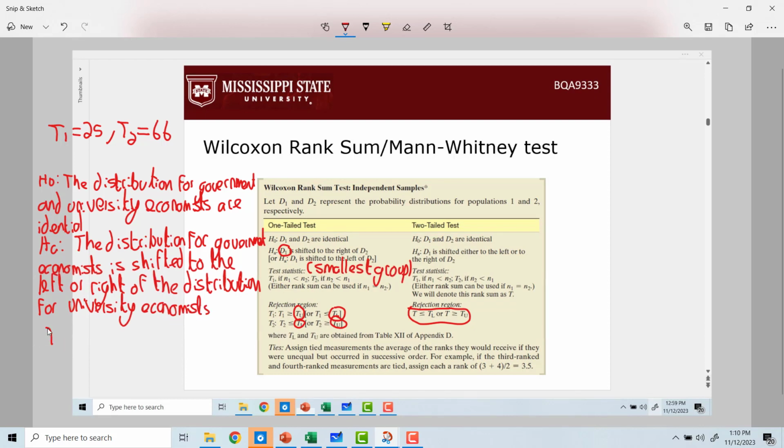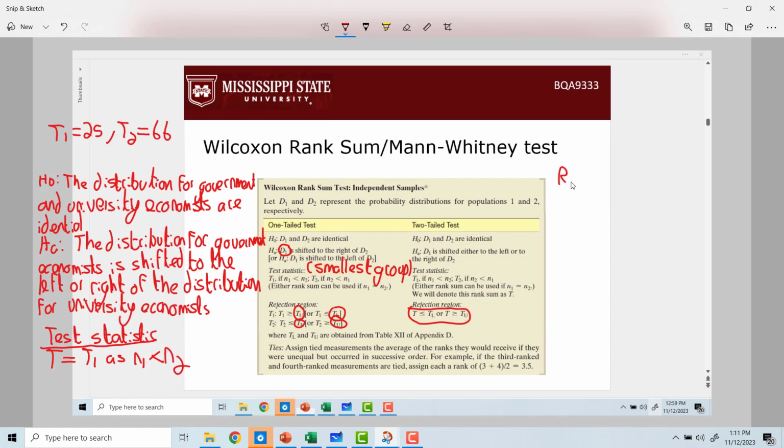The test statistic is just going to be T equals T1 as N1 is less than N2.